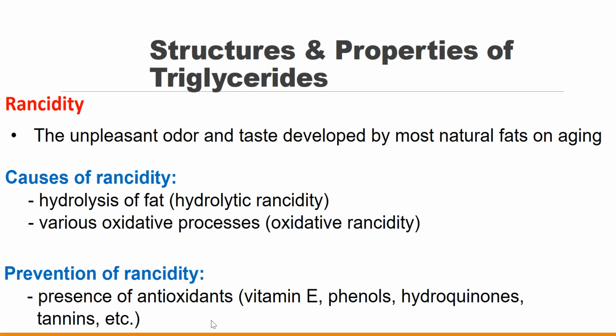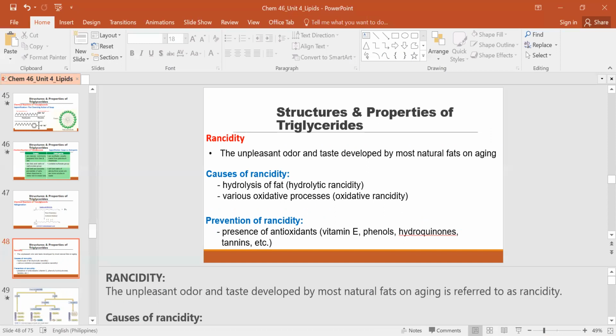So if you have your food products, let's see if I have here in my slides. Instead of vitamin E, it's very expensive. I'll see if I have. If you have your food products instead of vitamin E, they actually use BHT.